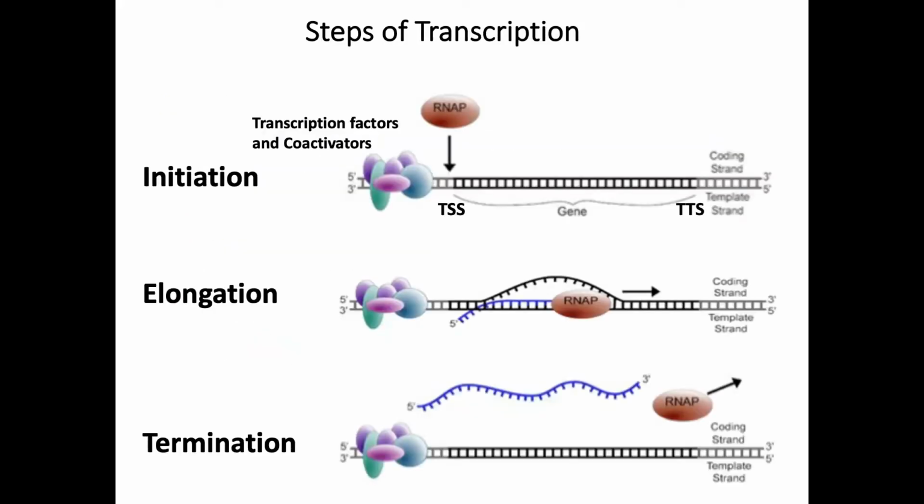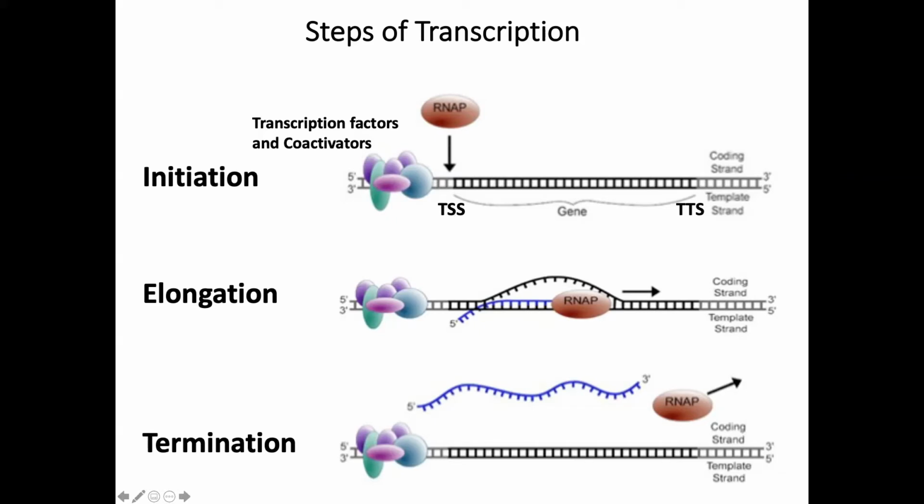This slide shows the 3 major steps of transcription. The RNAP shown here is the RNA polymerase. It actually contains a protein complex, with many proteins in this complex. Notice that transcription factors and their associated transcriptional co-activators bind to the region upstream of the transcription starting site, the TSS.